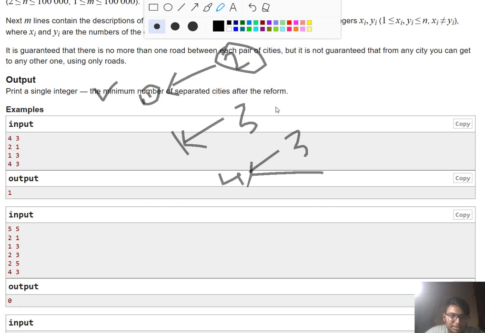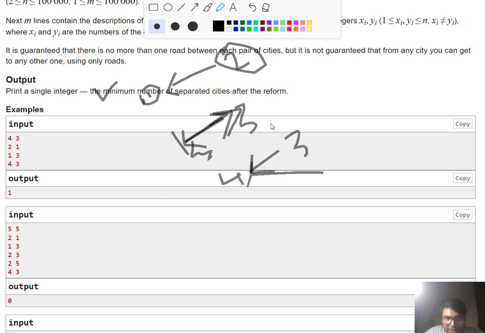So now we have formed two separate cities, but we need to optimize this result. Instead of this, we need only one in degree towards a particular city. So let's change the direction: make from this to this, and from this to this.